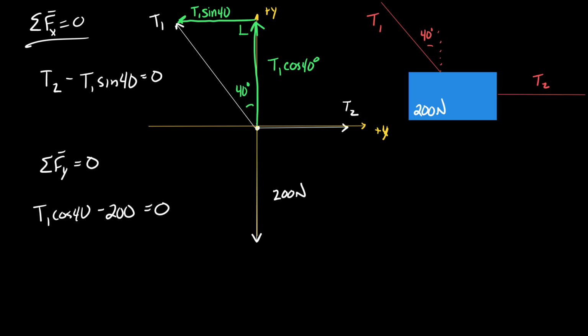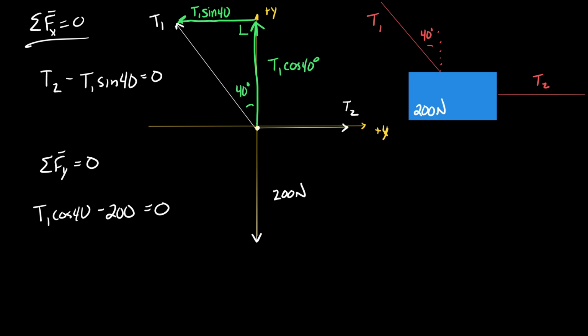Again, the force concept model generates relationships that could be used to solve our problem. You were asked to find the tension in the cables. Will either of these give you a pathway to find the tension in the cable? Yeah, I think so. I think this one has one unknown in it. I think I could use it to find a tension in the cable. And once I do, I could probably use that up here to find the other tension in the other cable.